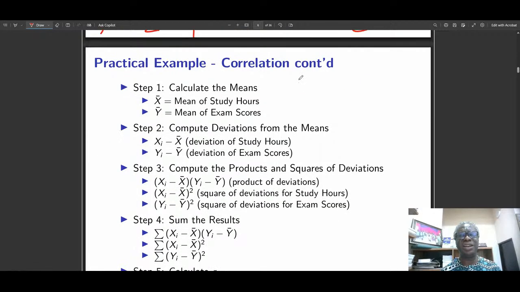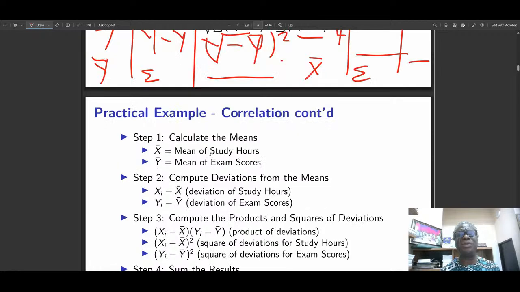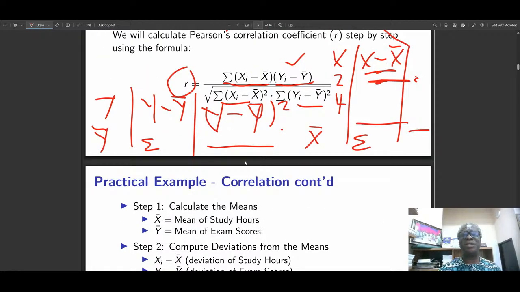The product, you can also get it by having another table which will be x minus x bar and y minus y bar, which means you multiply the value in this column with the value in the corresponding cell here.